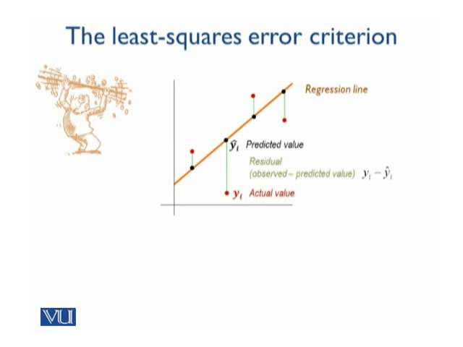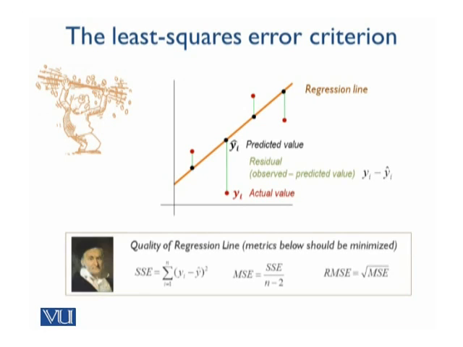This was proposed by a very famous scientist, Gauss, who said that the best line is the line which minimizes the square of errors, or the mean square error. In this aspect, we have many different notions which specify how much error there is in the regression, and how good a fit the regression line is to the data.